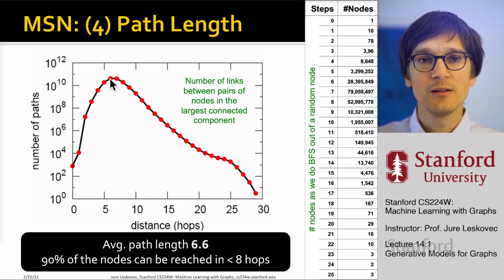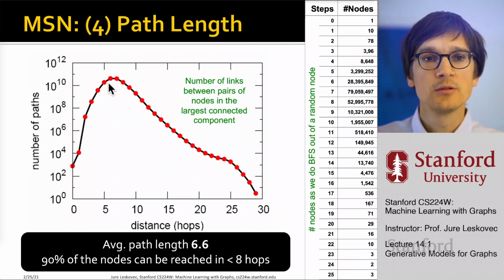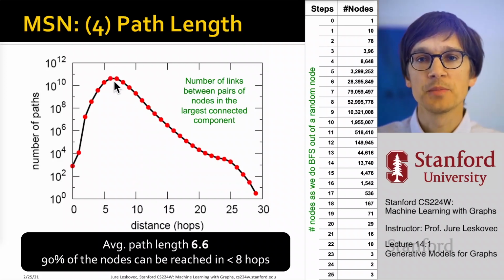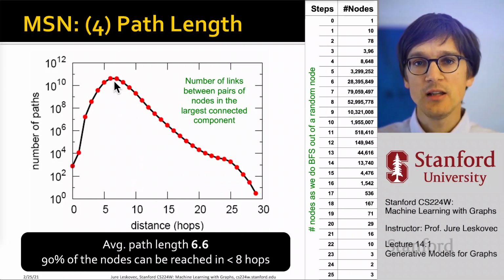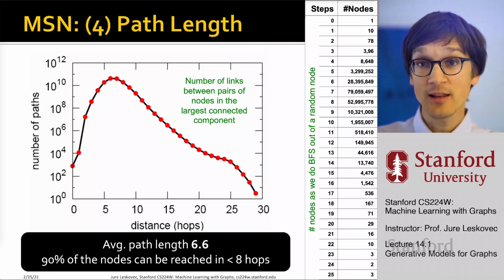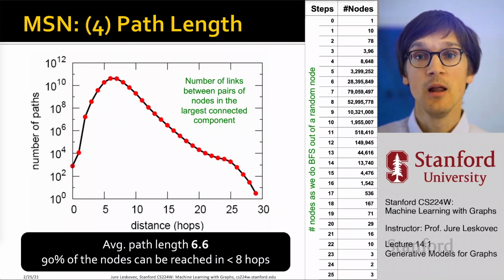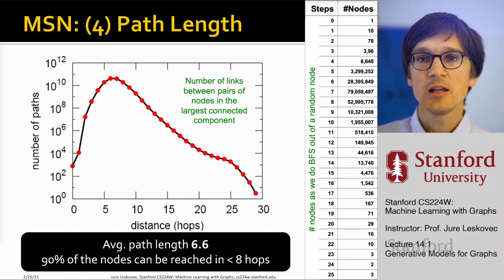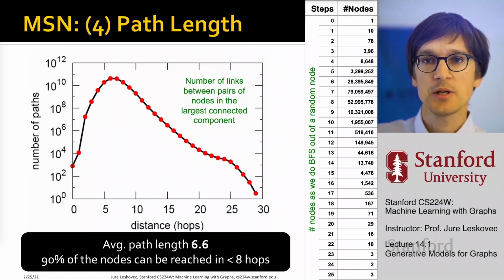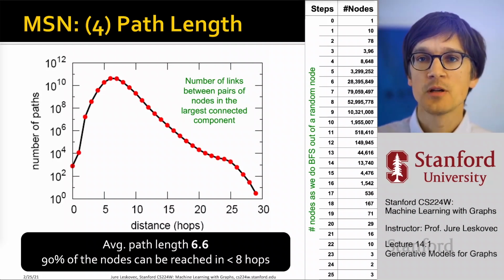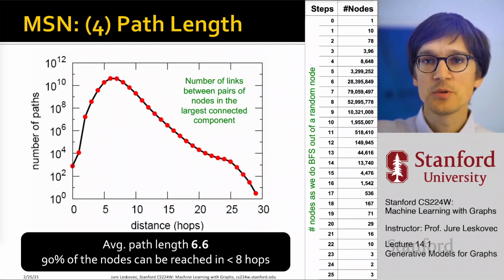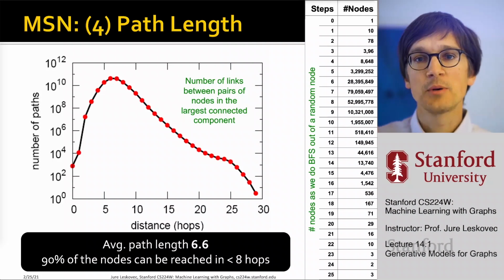Notice that most pairs of nodes are reachable from each other in around 5, 6, 7 hops. So it means that the average shortest path length of this giant network of 180 million people living all over the world is only 6.6. And it turns out that you can reach 90% of the nodes of this network on average in less than 8 hops. So it takes you 8 friendships to get to 90% of the nodes.